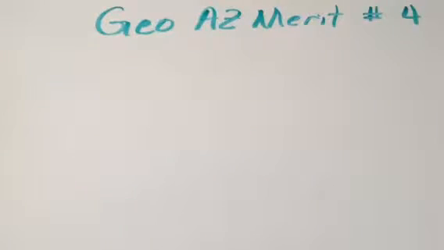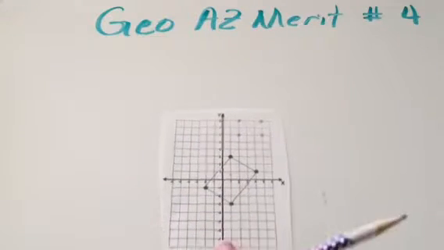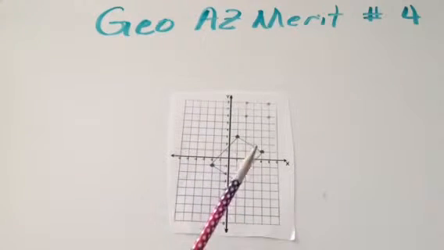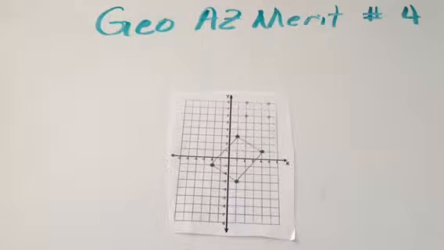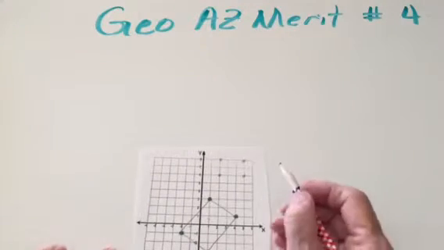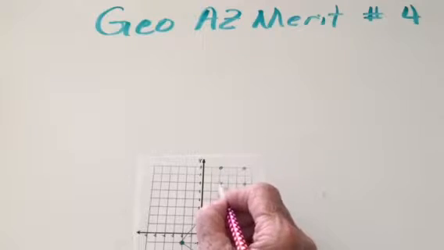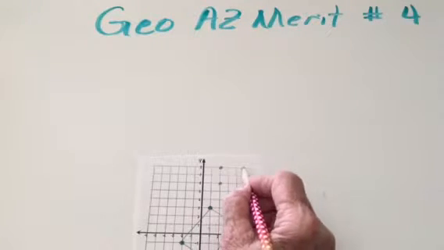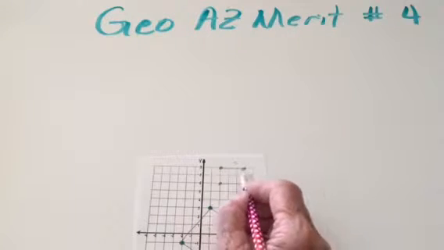All right, so let me show you something real quick. We know that we have to talk about slope and we have to talk about diagonals. Before I even start this, I want to show you a little diagram of a rectangle. Here we have a rectangle, okay? It's 2 by 3, right?